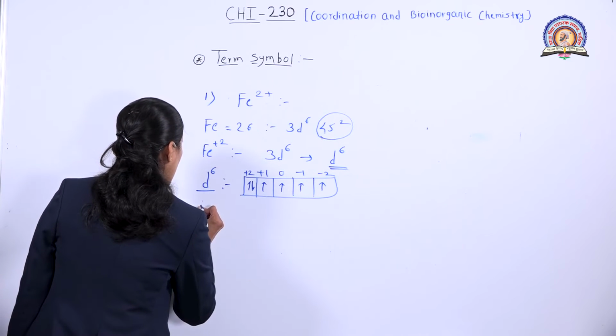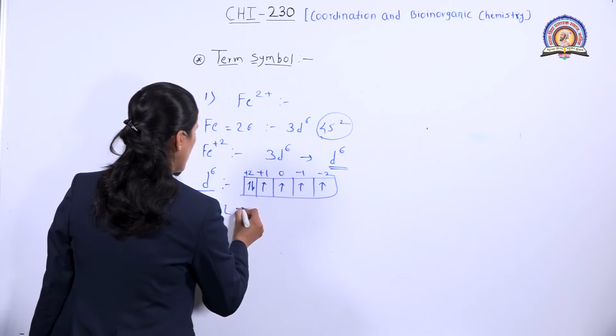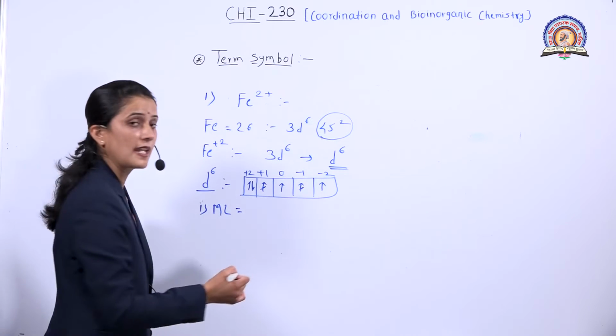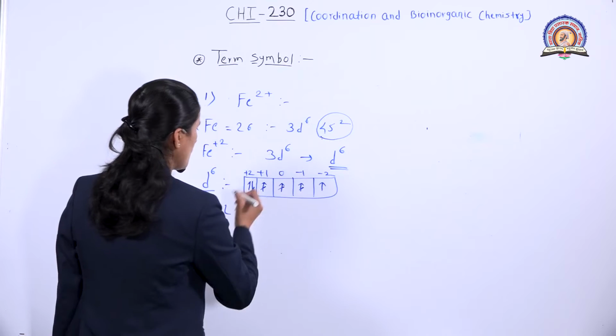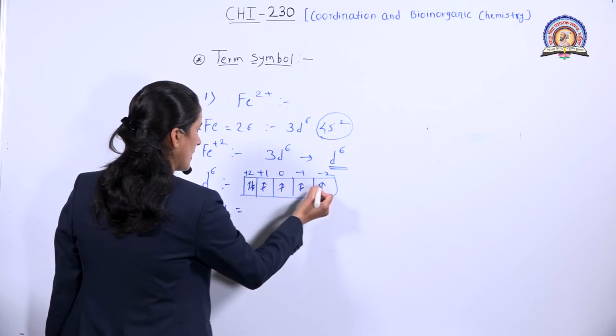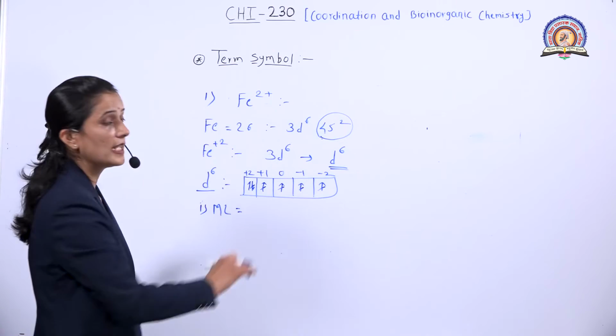So the first is calculation for ML value. Let's see the simple one. This is plus 1, so plus 1 minus 1 get cancelled, 1 into 0 is equal to 0, so no use of that electron. Again, this 1 and this one get cancelled. Now we have only 1 electron in plus 2.